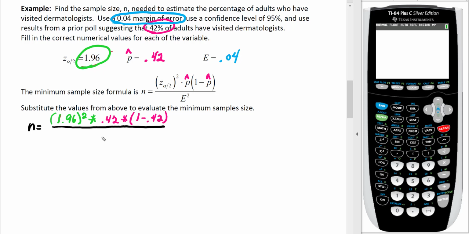So the margin of error in this problem is 0.04, and we'll square that as well.